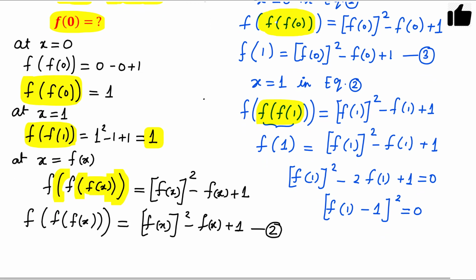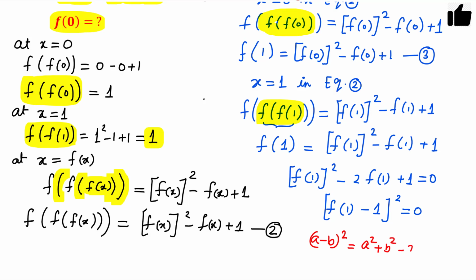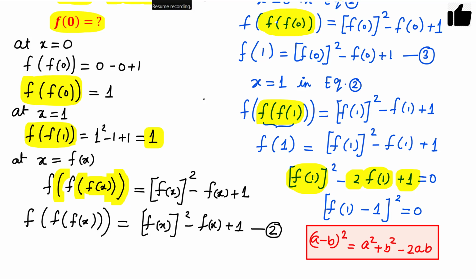Here I am using the formula (a − b)² = a² + b² − 2ab. If the square of this whole term is 0, this means f(1) − 1 = 0, so f(1) = 1.